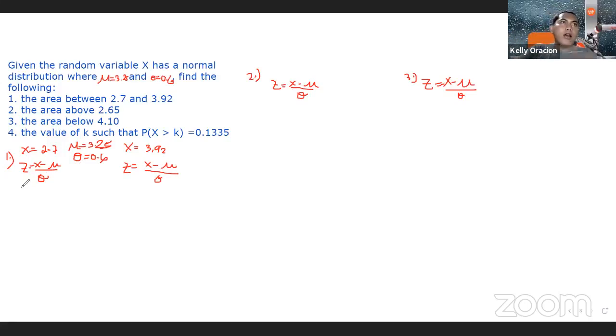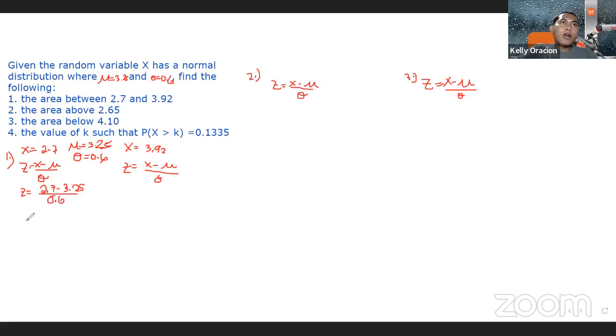So z is equal to 2.7 minus the mean 3.25 over the standard deviation 0.6.